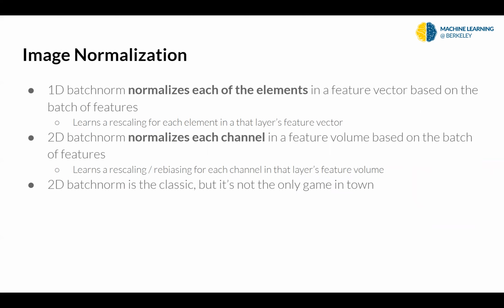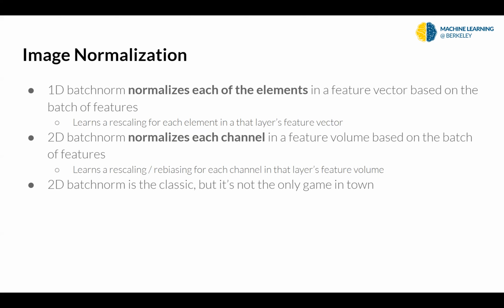Right. And then there's also normalization, which we talked about during gradient descent. Now that we have these 2D, 3D matrices, we have different kinds of normalization. With 1D batch norm, you can normalize each of the elements in a feature vector, like a vertical or horizontal vector. 2D batch norm normalizes each channel, and that's usually the one people use most.